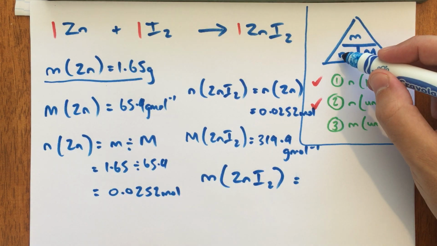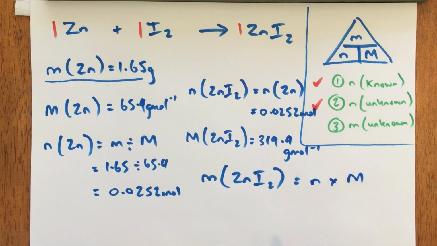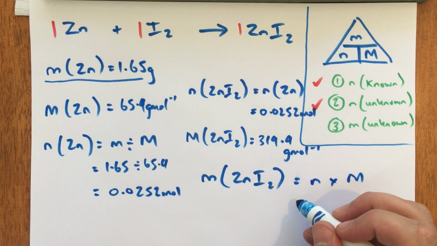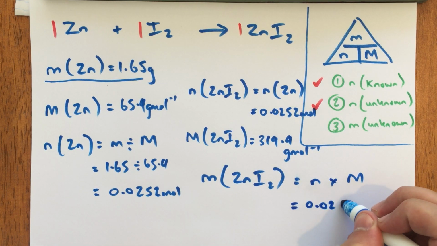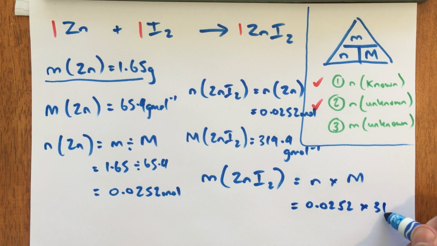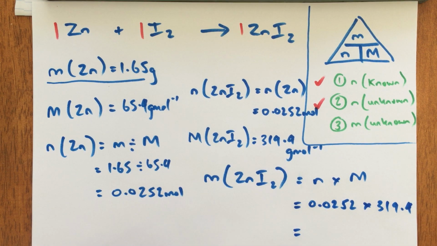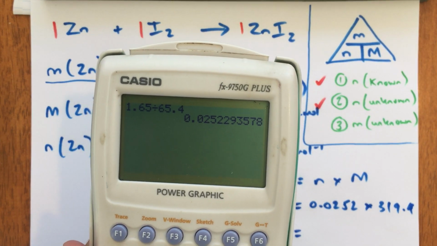Mass equals number of moles times molar mass. It must be the number of moles of zinc iodide, it must be the molar mass of zinc iodide. So my number of moles of zinc iodide was 0.0252. My molar mass was 319.4 grams per mole. I'll multiply those together in my calculator. And I've still got my unrounded answer there.